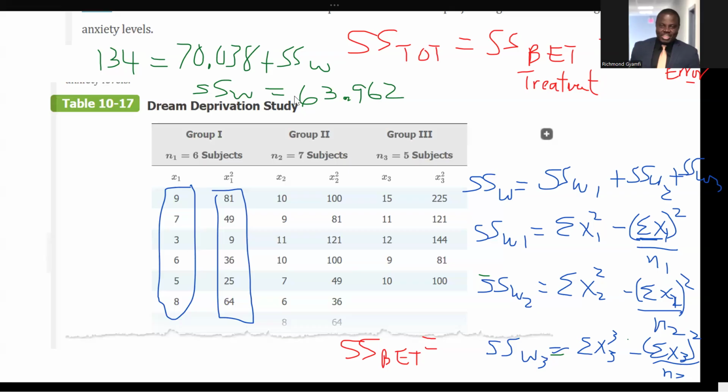So for mean squares, or MS, or variance estimates for between the groups, you're going to use your SSbet.